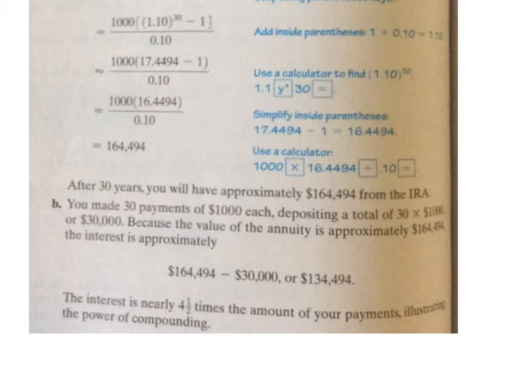So since the value of the annuity is $164,494, then the interest is this amount minus what you put into the investment, which gives you $134,000, which again is not bad. Making your money work for you. So after 30 years, that's how much money you have. So we're happy campers. I know I am.